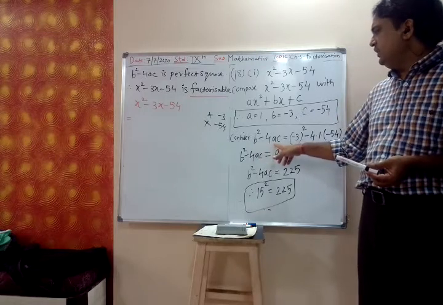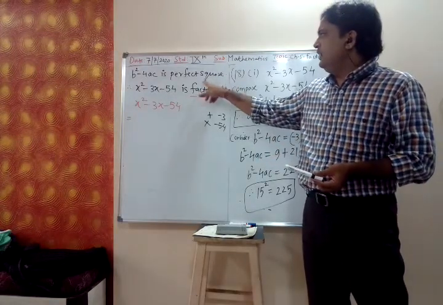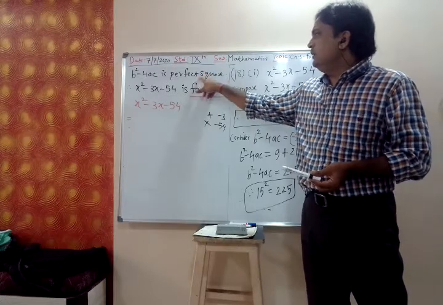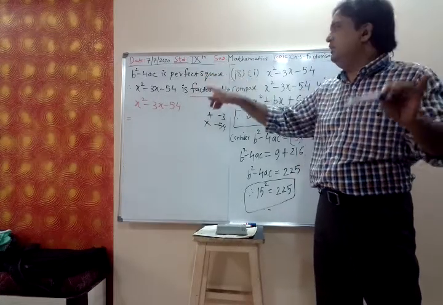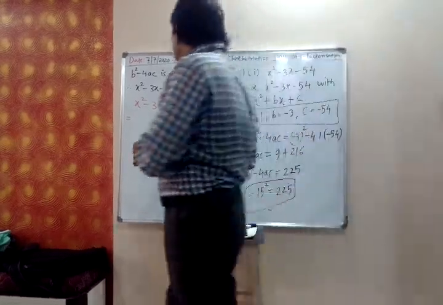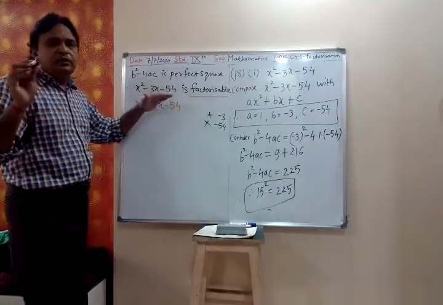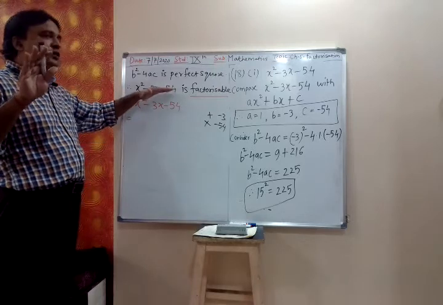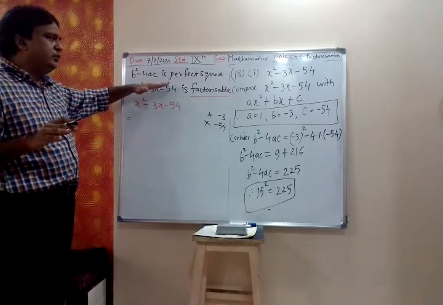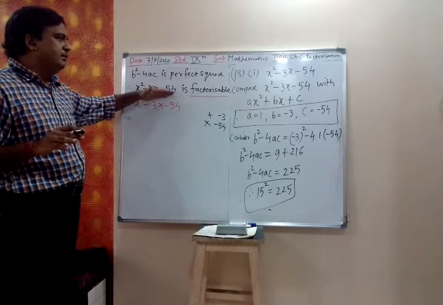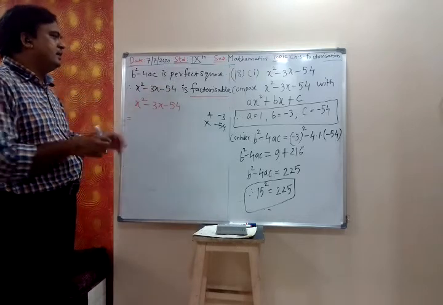b square minus 4ac must be a perfect square, then it is factorizable. If b square minus 4ac is not a perfect square, then it is not factorizable, and you have to stop there. You don't have to factorize further. But if it is factorizable, you have to factorize further.